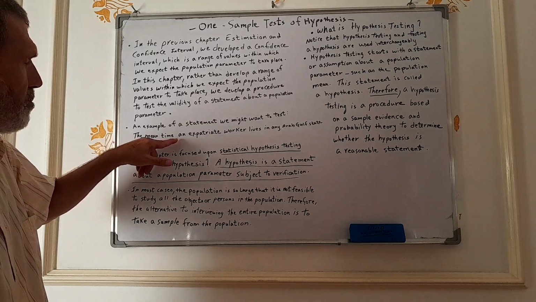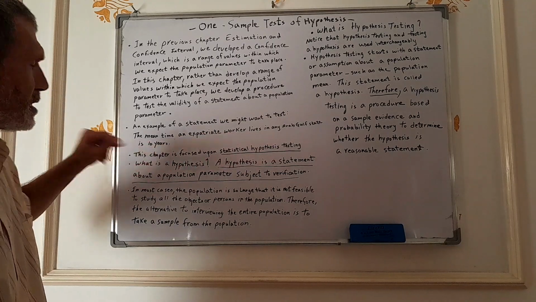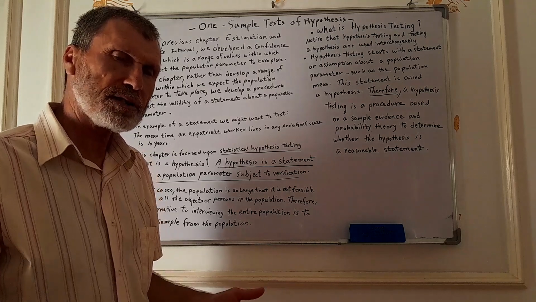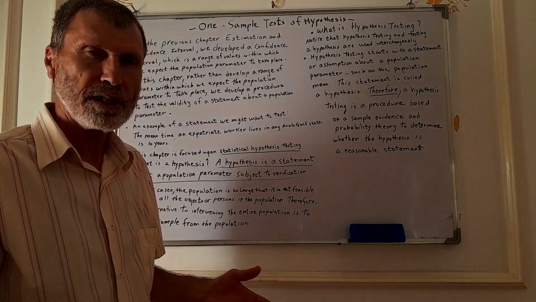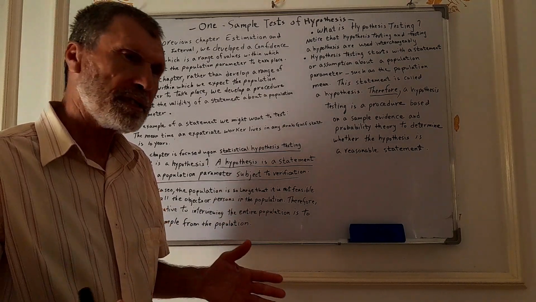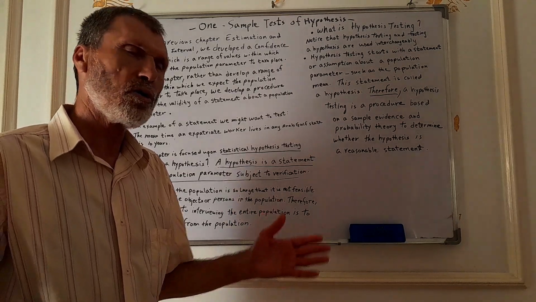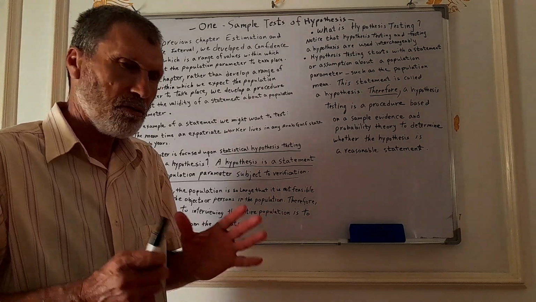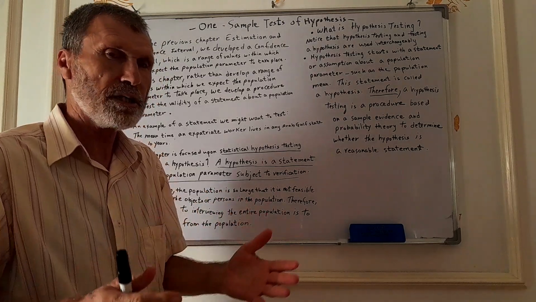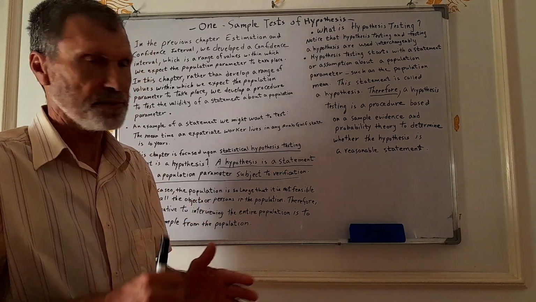The mean time an expatriate worker lives in any Arab Gulf state is 10 years. There are thousands upon thousands of expatriate workers who work and live in Arab Gulf states, so it's not feasible to interview all those expatriates. So we just take a sample of those expatriates in order to test the validity of the population parameter.